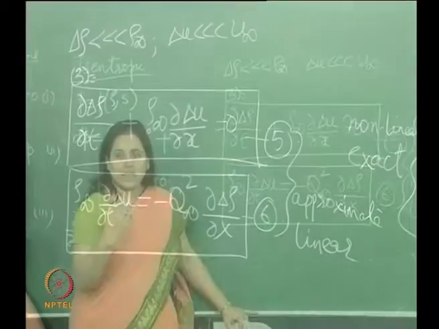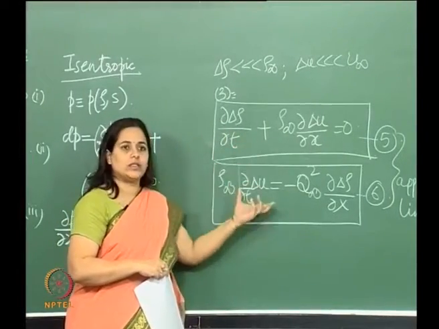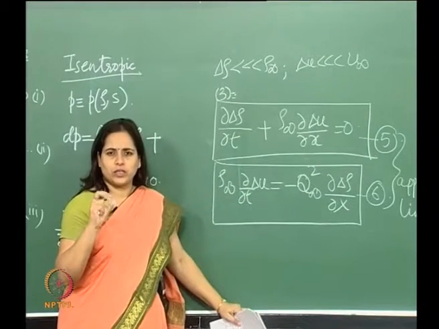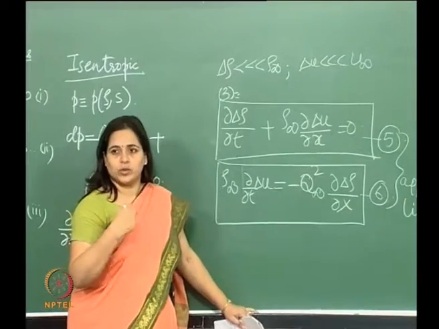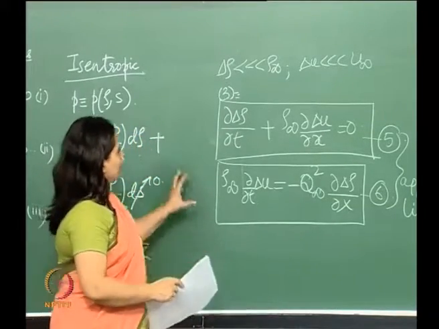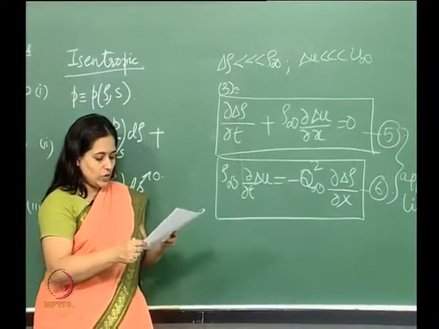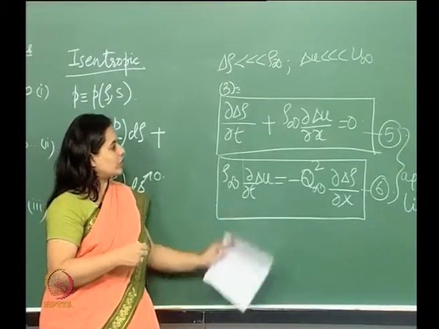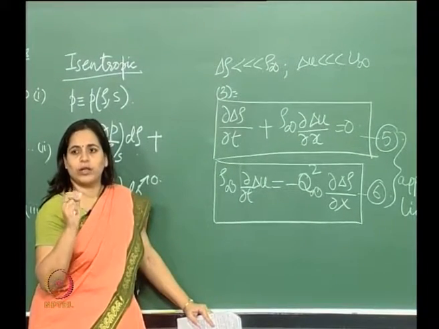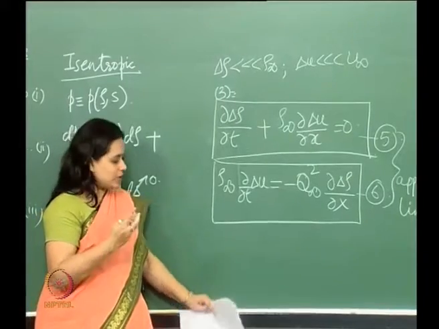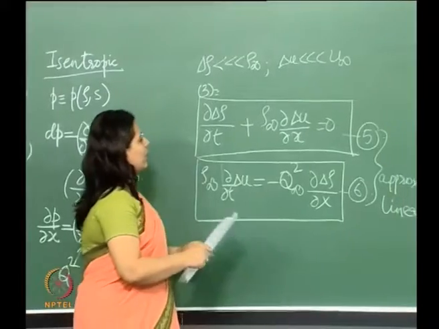I hope that is intuitive, because we are using these equations for very small disturbances, so for very weak waves, which could be sound waves. In that case, the changes would be given like something like this. So, therefore, the way we get equations 5 and 6 is using a small perturbation theory along with a linearized theory.